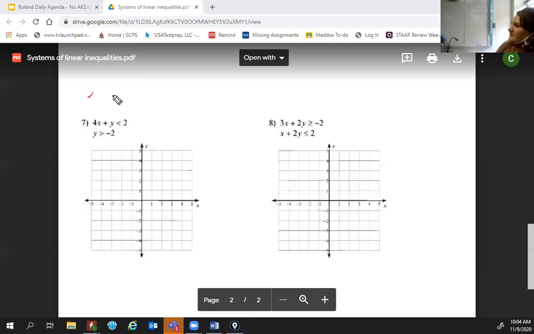Okay, so we start off with 4x plus y is less than 2. And we're subtracting it. We're not really subtracting, we're just saying we're subtracting because we want to move it over. So then our new equation is going to be, is it going to be negative 4x? Yes. Good job.